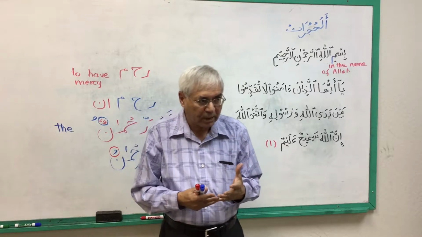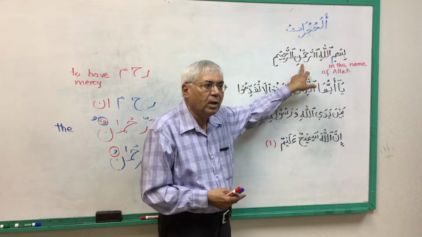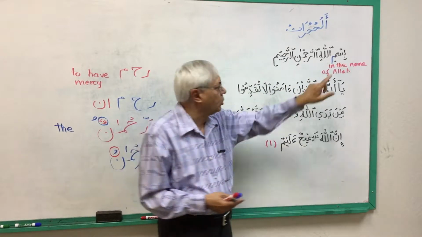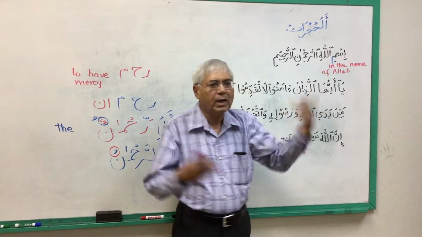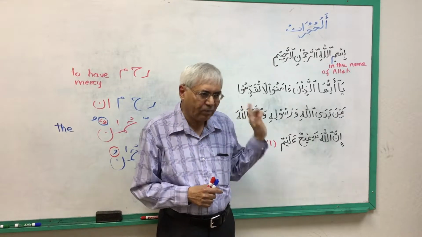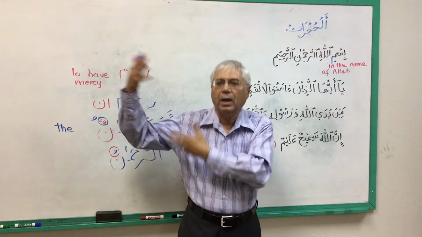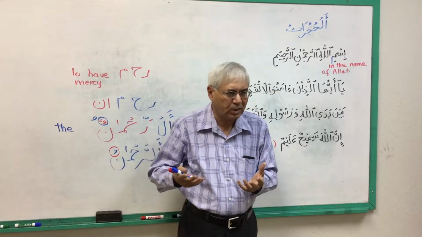If I had left Ar-Rahmanu here, for example, then I would not be able to explain to you that Allah and Rahman are the same. Rahmanu is someone who does mercy, and Allah is someone who does the creation.